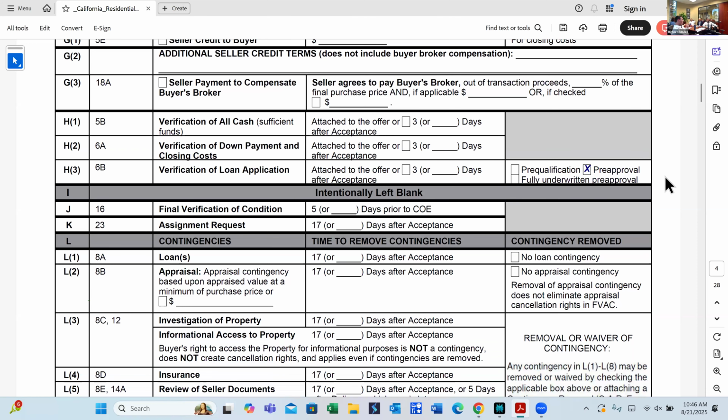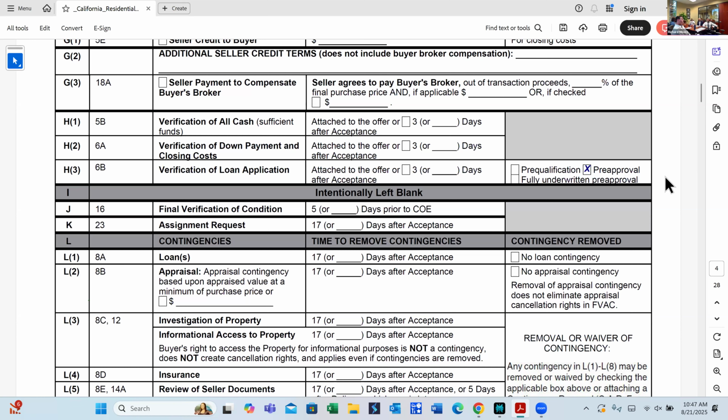And then section 3H1, verification of all cash. Prior versions of the purchase contract, the default wasn't that these documents are attached. And remember, verification of cash, the default is I'm attaching to this purchase contract evidence that the buyer has all cash to pay. That's the default. Not that I'm going to provide it later.